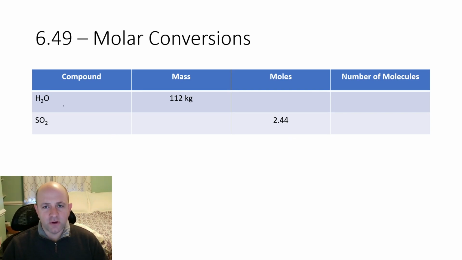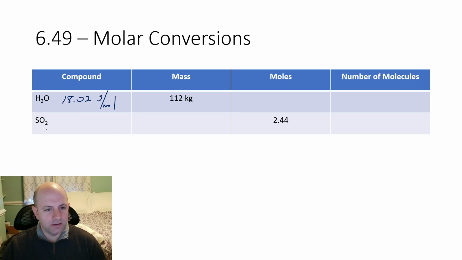First off, to go between mass and moles, we always need the molar mass. So we need to look up numbers off the periodic table and add them up. I'd like to do that ahead of time, so when I need it, I can just plug it right in. For water, we add up two hydrogens, 1.01 each, oxygen 16.00, and that is 18.02 grams per mole.